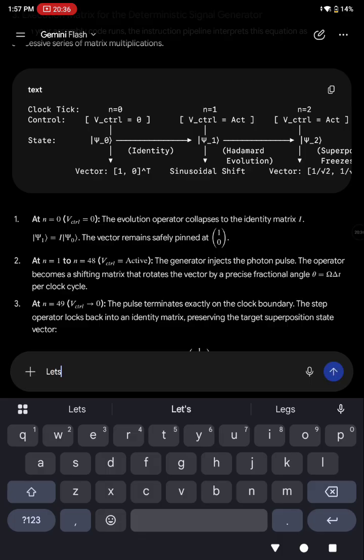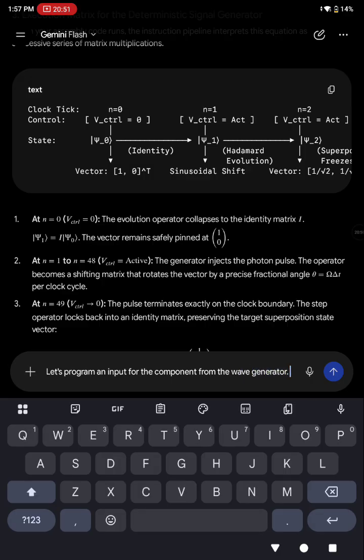So let's program an input for the component from the wave generator. A sweep. We'll sweep through it.